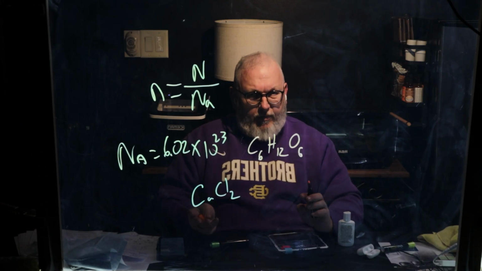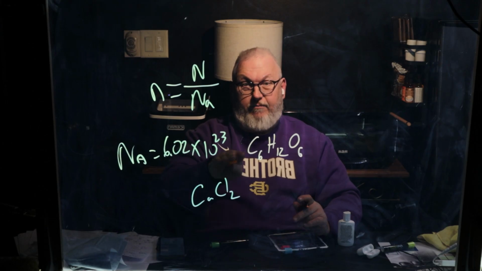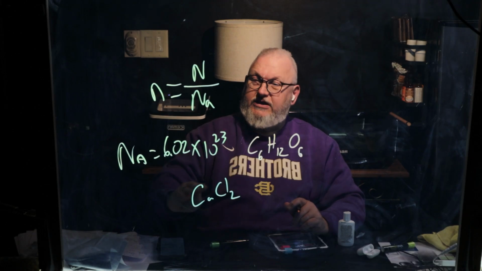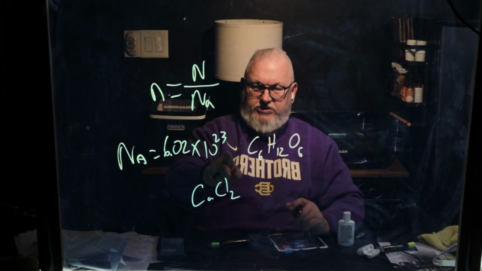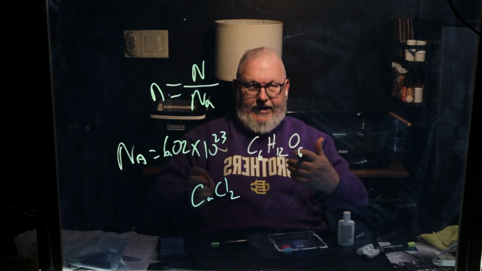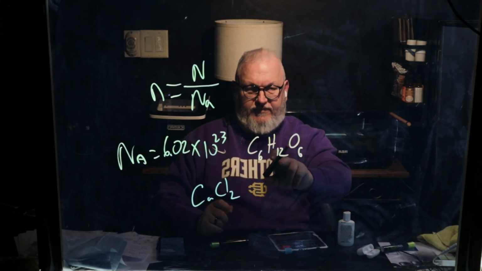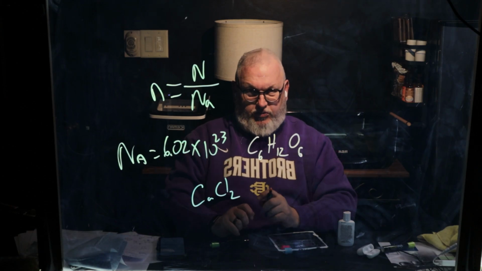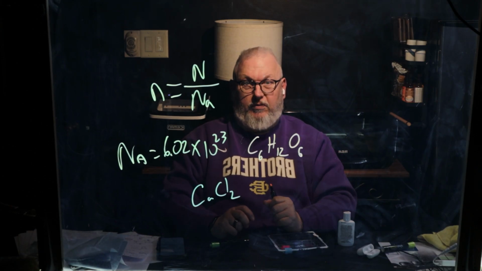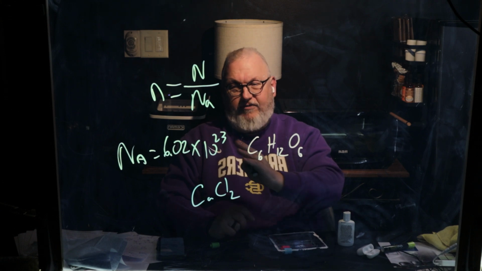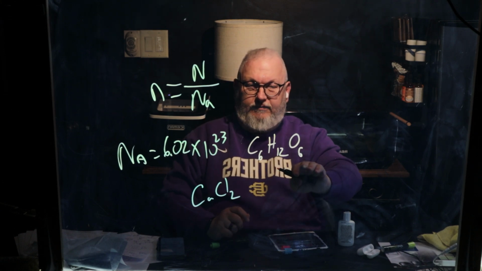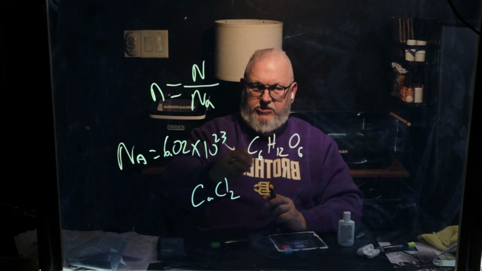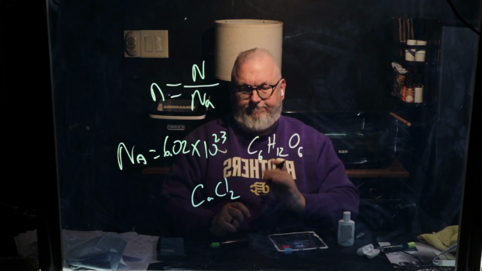So how many carbon atoms do I have in a mole of glucose? Well, then I will have 6 times 6.02 times 10 to the 23rd atoms. How many atoms of hydrogen? 12 times 6.02 times 10 to the 23rd, if I have 1 mole. If I have 1 mole of glucose, that means I have 6 moles of oxygen atoms.